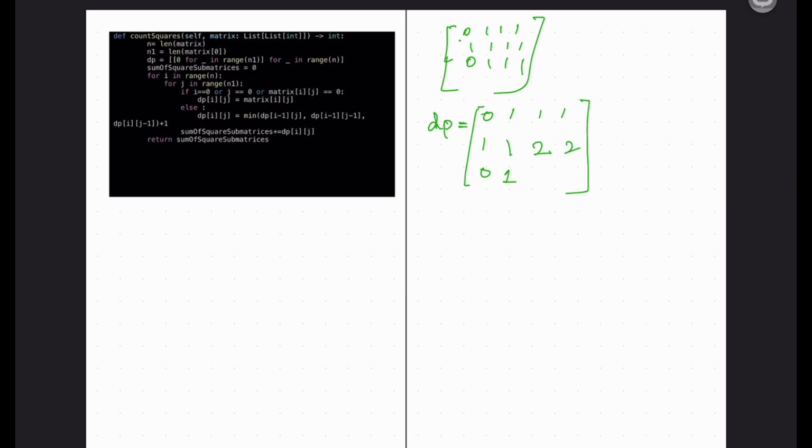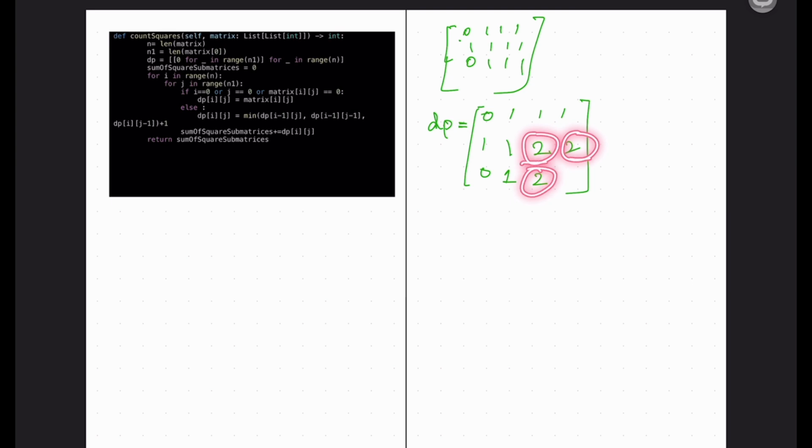Now for this we know it can form 2 as well as 1 square submatrix. Among these, the minimum is 1, so 1 plus 1 gives us 2, so it can form 1 as well as 2. When this 1 comes, you see, already 2 submatrices we can form.